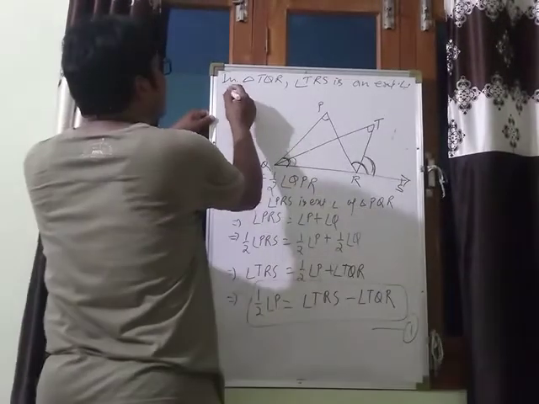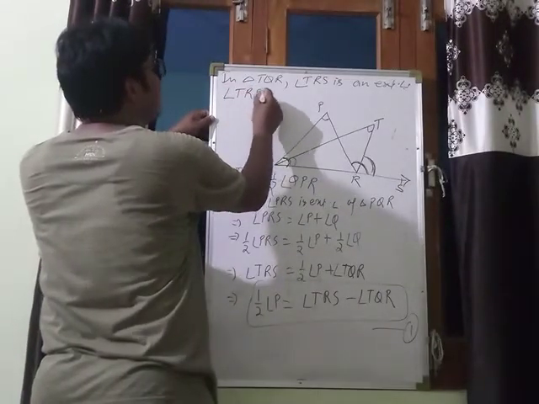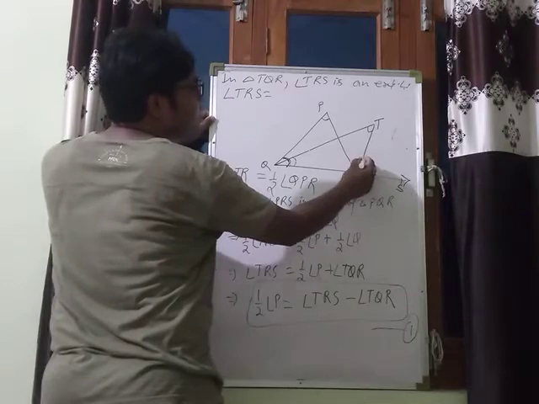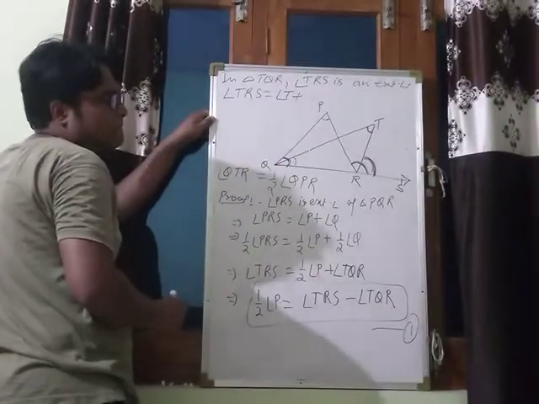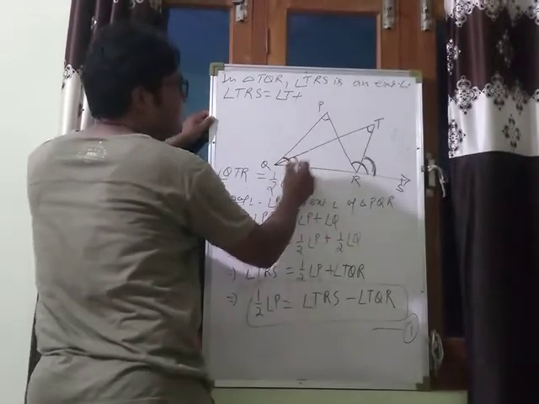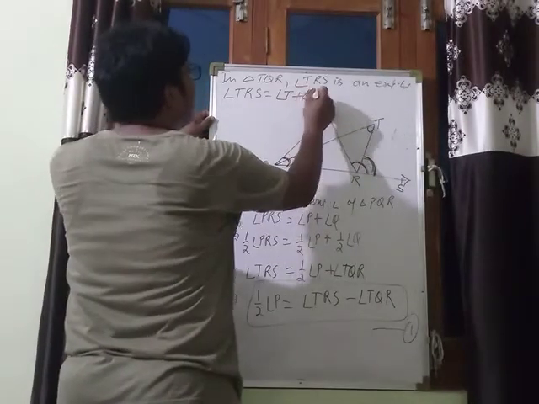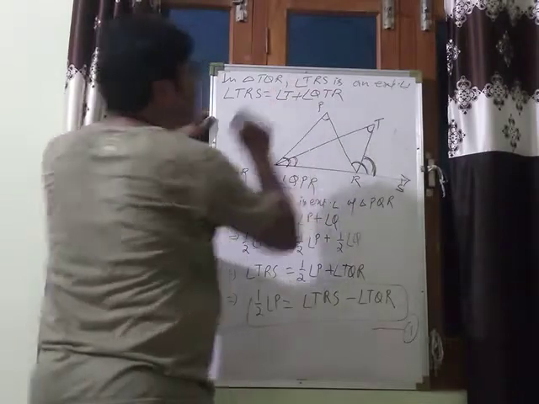So by exterior angle property, angle TRS will be equal to angle T plus this one, angle QTR.